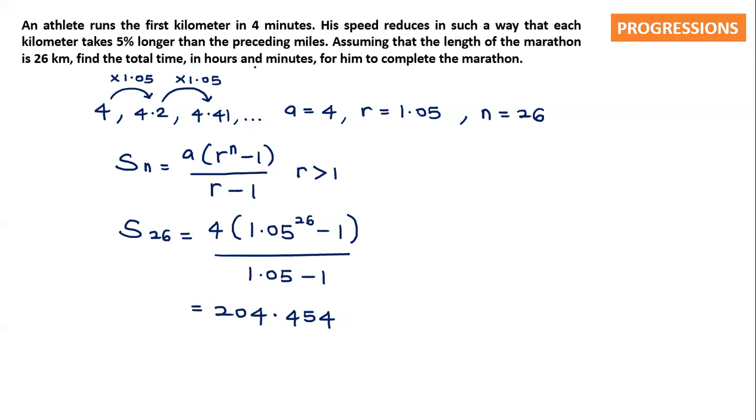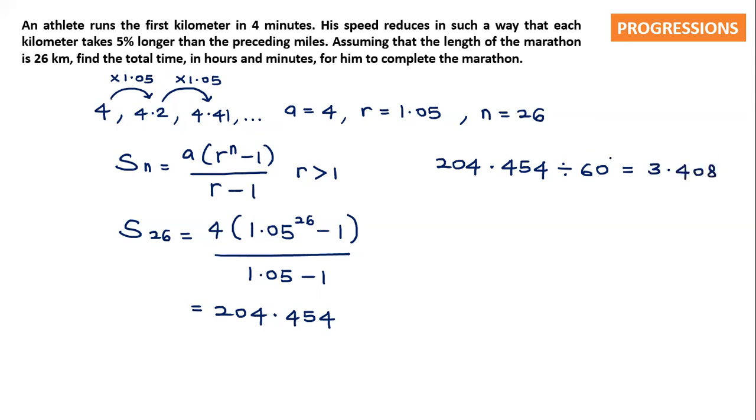So what I'm going to do now is take this value, 204.454, and divide by 60. Why do we need to divide by 60? We want to change it into hours first. The answer given by our calculator is 3.408.